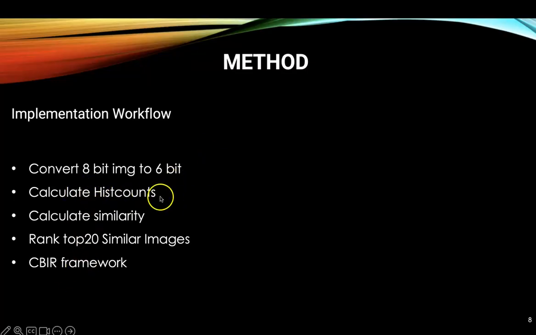We then calculate hist counts, then calculate the distances, which are similarities, between each image in our database. Then we sort the top 20 images which are closest, and then we use our CBIR framework to retrieve the image.